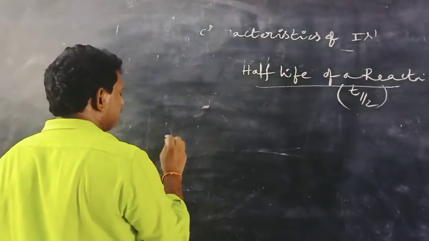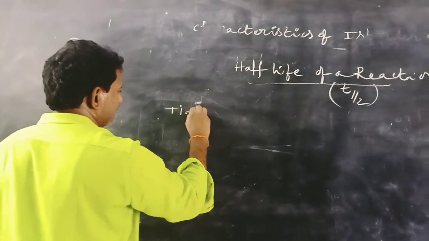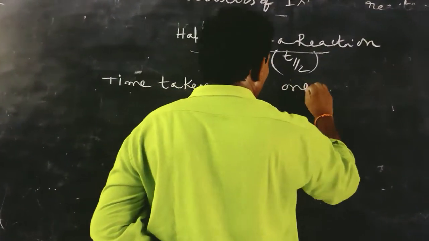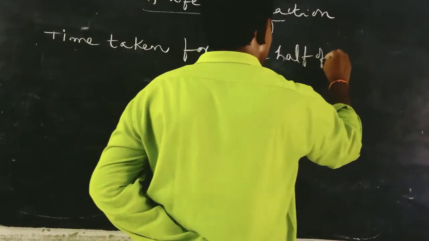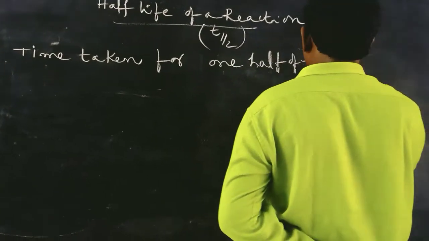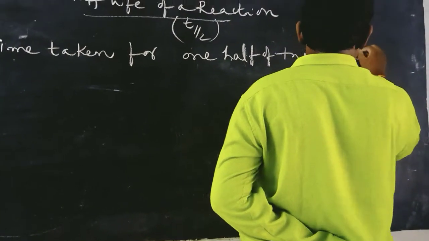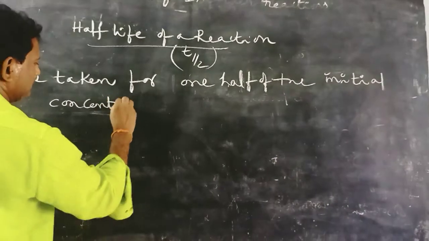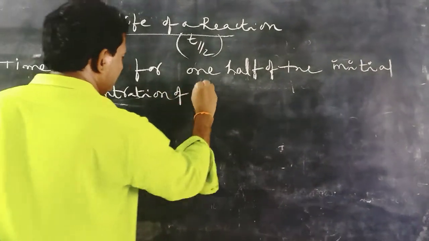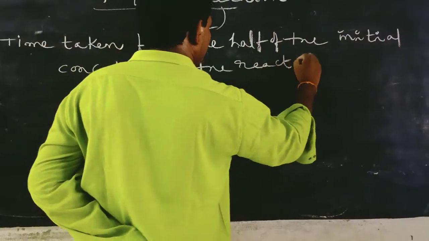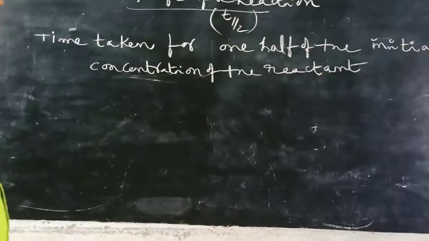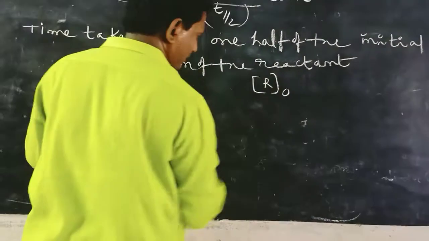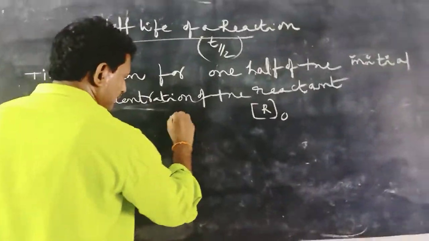Another definition is the time taken for the initial concentration of the reactant to be reduced to one half. The initial concentration of the reactant is represented by [R]₀ and time is represented by t.